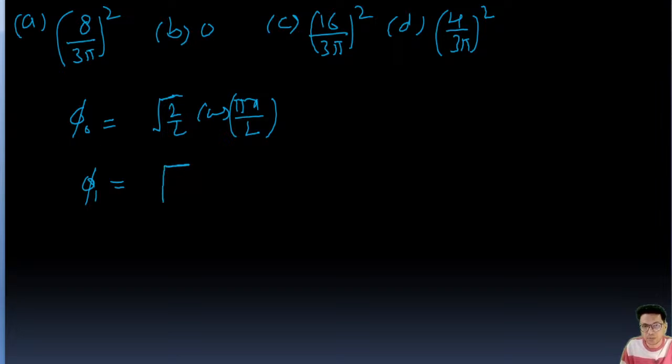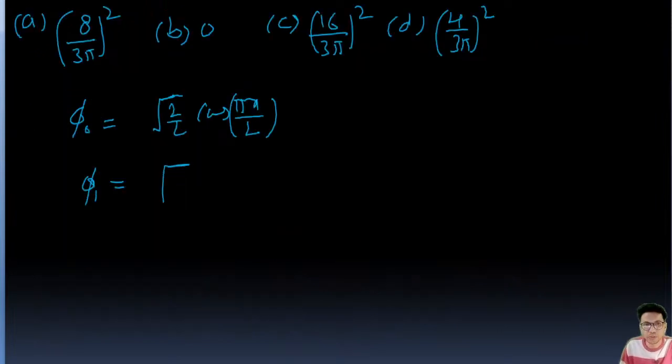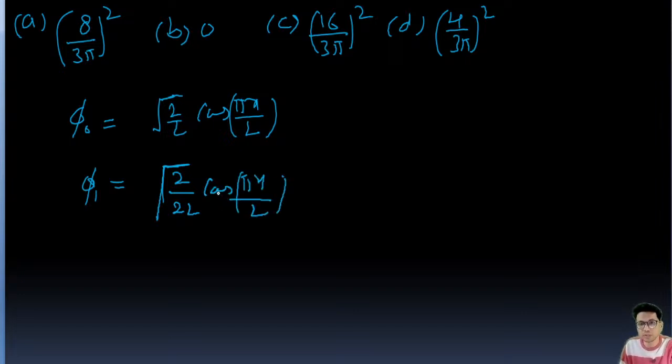So here the value of L is L, and here it is going to be 2L. So the wave function for the particle in the extended wall is root 2 upon 2L cos pi x upon 2L. I hope you understood it, guys, very simple, because we have extended the walls to twice the previous one.